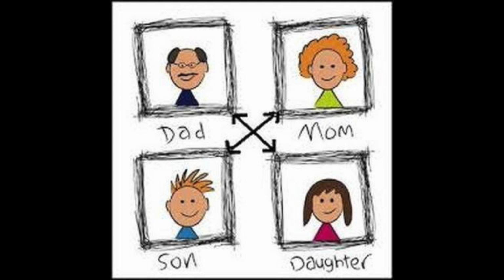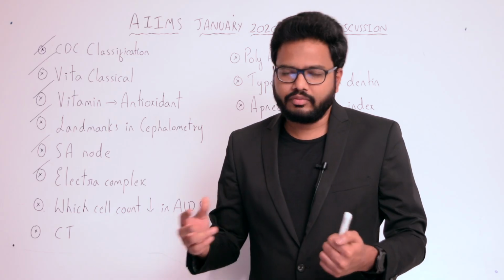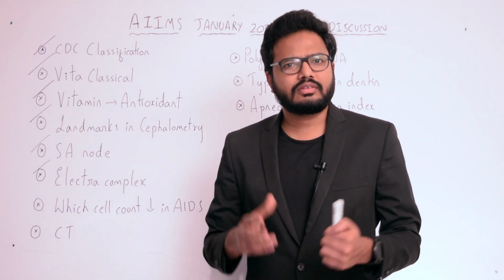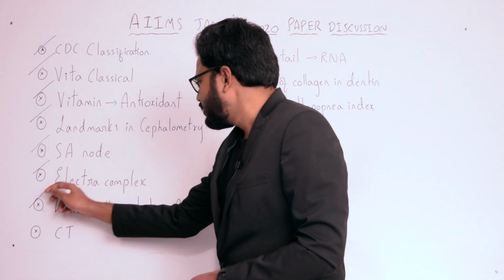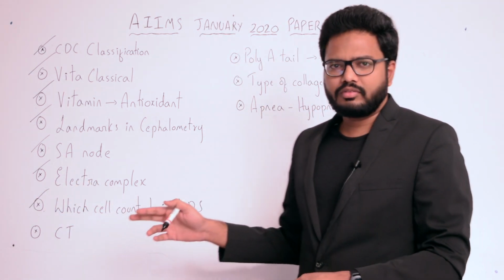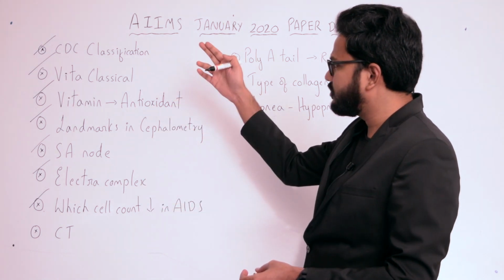If you remember, we have various psychosexual developmental stages like oral, anal, phallic, latent and genital. So the Electra complex is seen in the phallic stage, between the ages of 3 to 6 years, right?